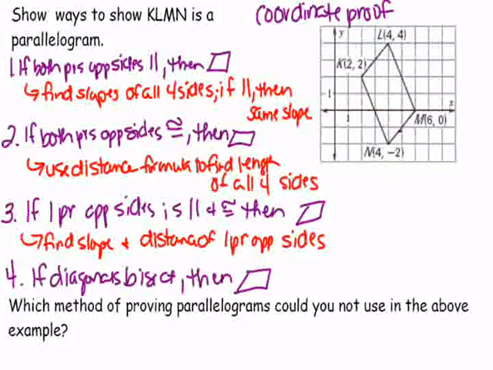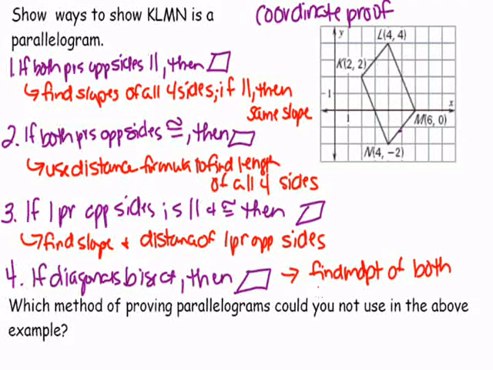How would we show that on a coordinate plane? Well, we would find the midpoint of both diagonals, and it should be the same. If that's true, then we know that the diagonals bisect each other and we have a parallelogram.